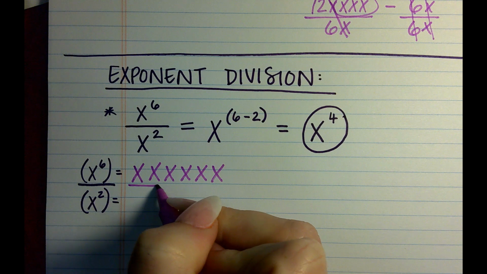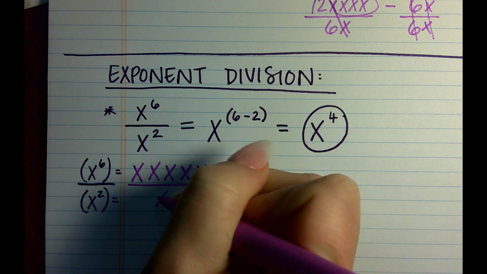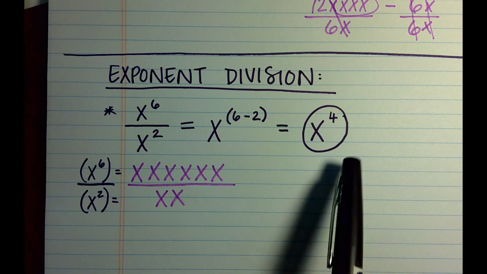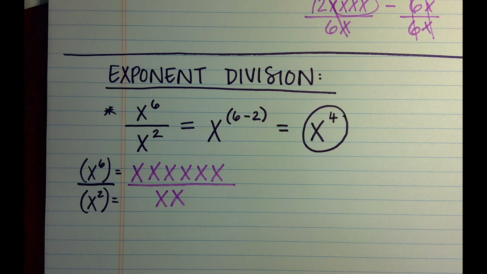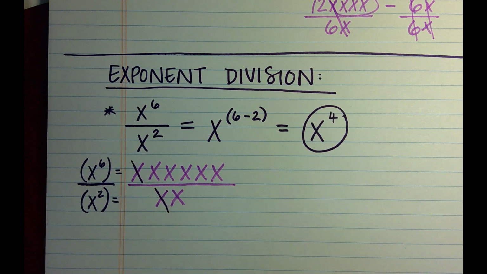Okay, so I drew 6 x's. And then how many x's would I need on the bottom? 2. So we could just cancel out the x's since we're dividing and see how many x's are left. We should get 4 on top. So I have 1 x on top, 1 x on bottom.